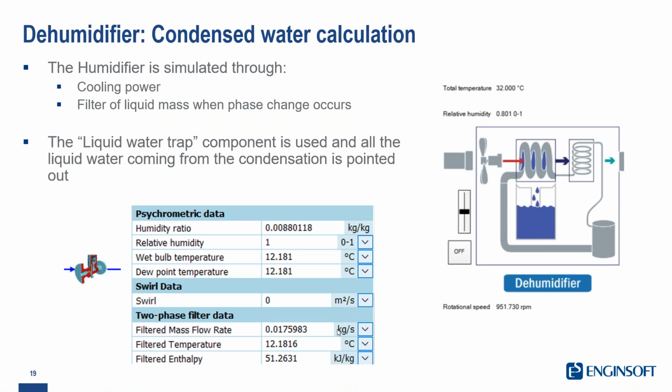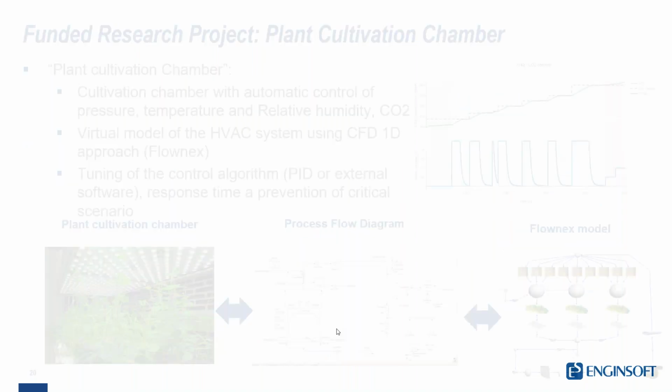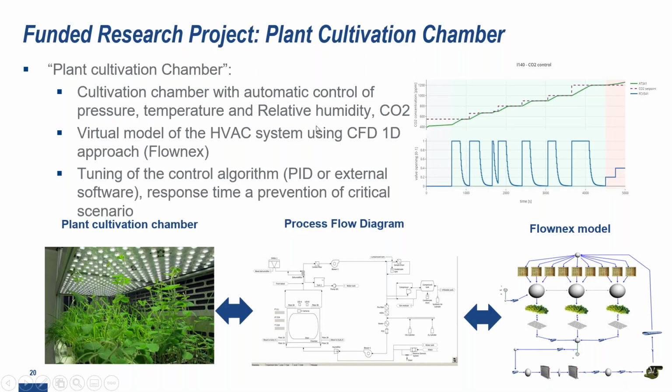This simulation is just to show a real example where it can be applied, which NGSoft has done recently. It is a plant cultivation chamber, and it is a funded research project, which followed the same simulation process idea. A plant cultivation chamber is a chamber where plants are cultivated and needs to be controlled in terms of temperature, pressure, and relative humidity.